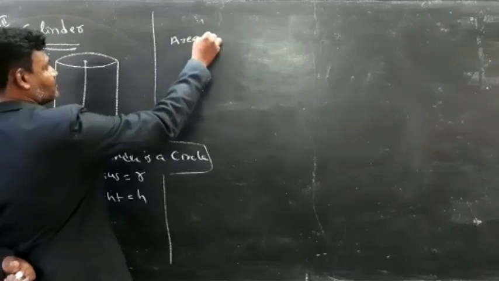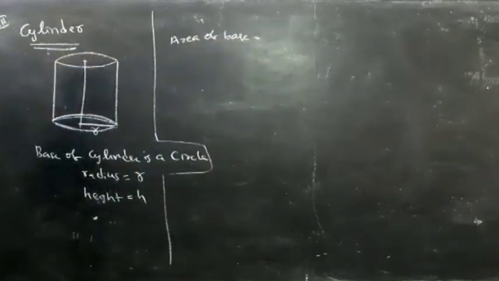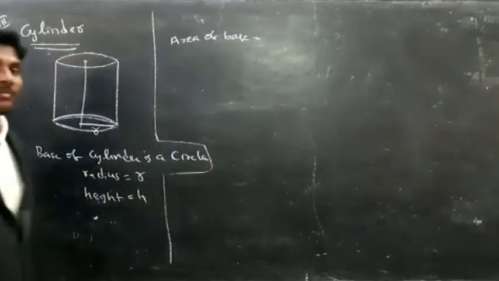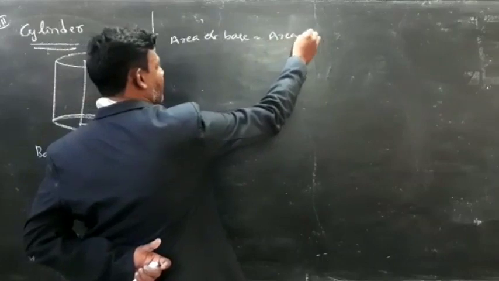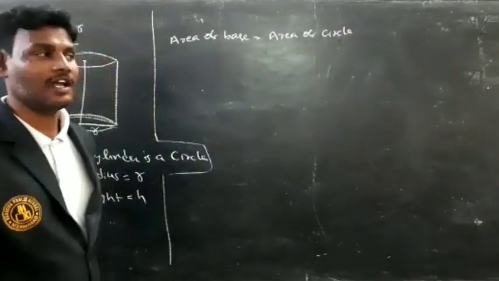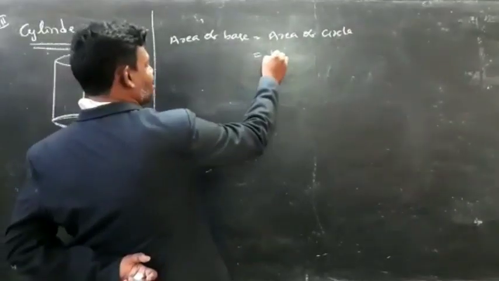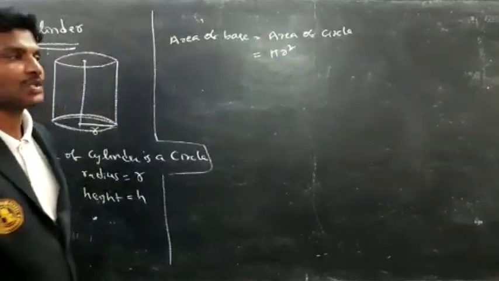Area of the base means area of circle. What is the area of the circle? Pi r square.